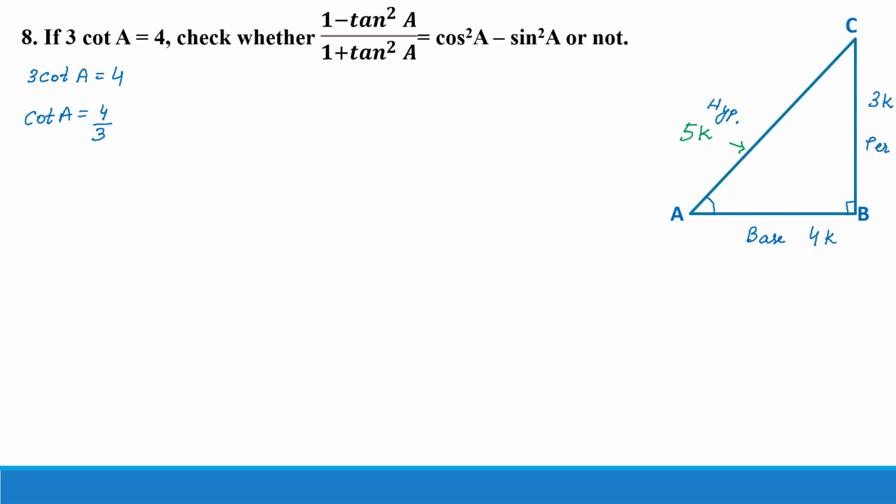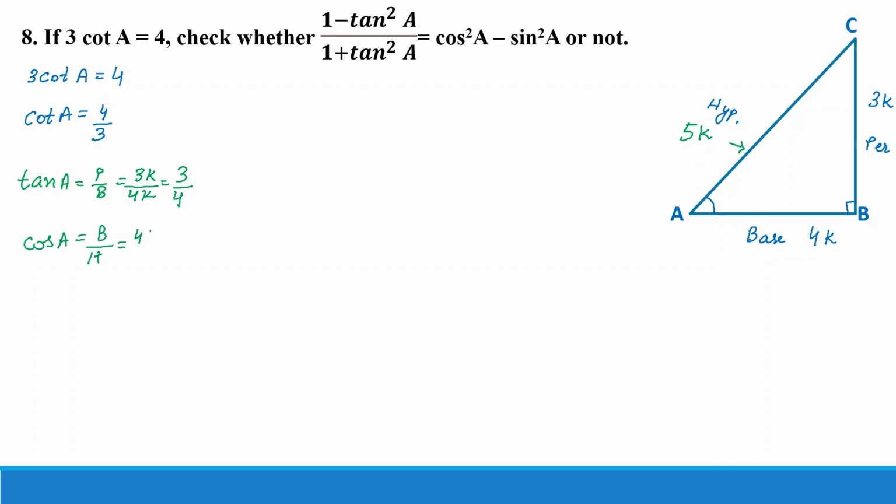Now what we require is tan A. So first of all tan A is equal to perpendicular by base. Perpendicular over here is 3K. Base is 4K. So it is equal to 3 by 4. We require cos A. Cos A is base by hypotenuse.